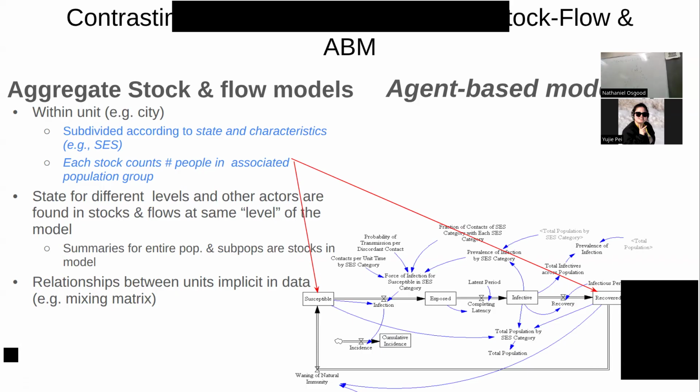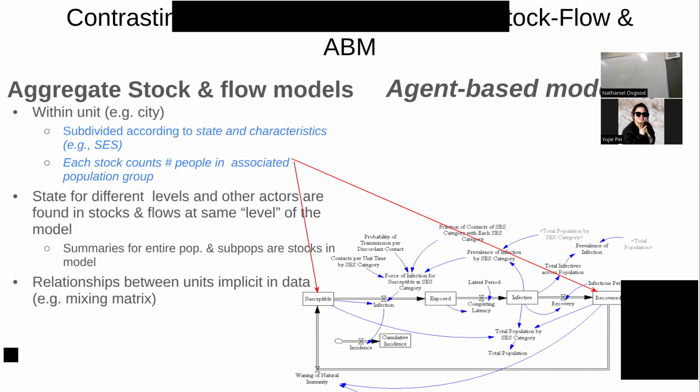If we had susceptible folks in British Columbia, susceptible folks in Alberta, susceptible folks in Saskatchewan, we put them into different stocks. We divide up the model according to characteristics, and some of those, like the state, evolve over time. And each stock in an aggregate model counts the number of people who are in that state, the count at any one time.